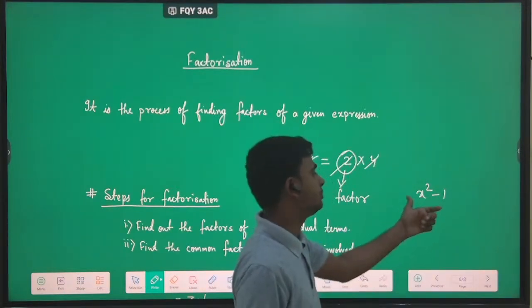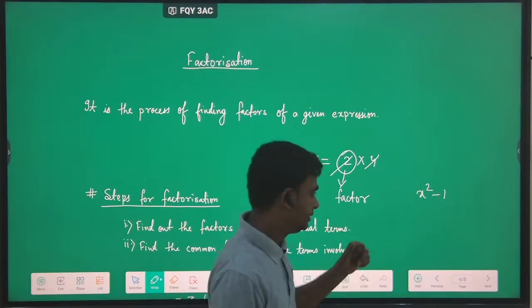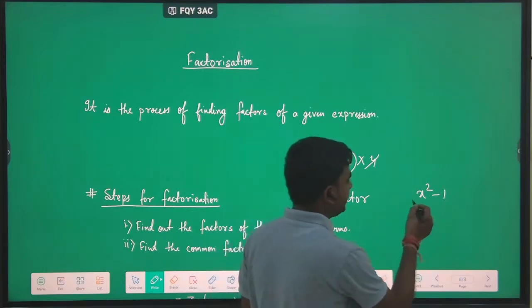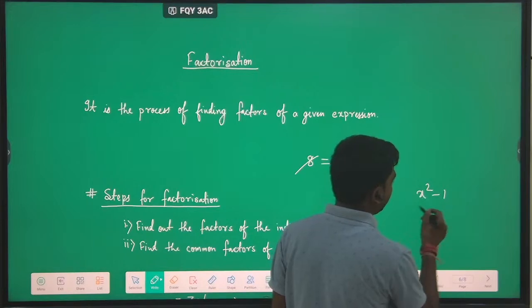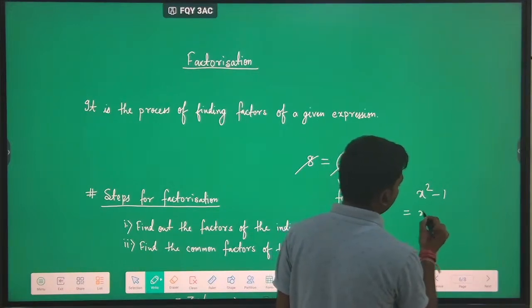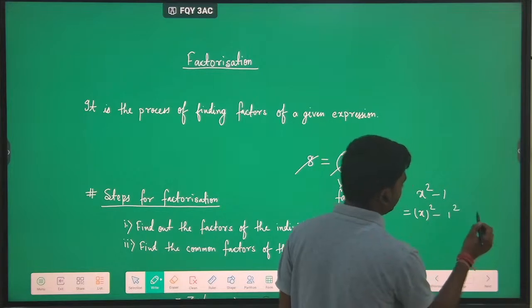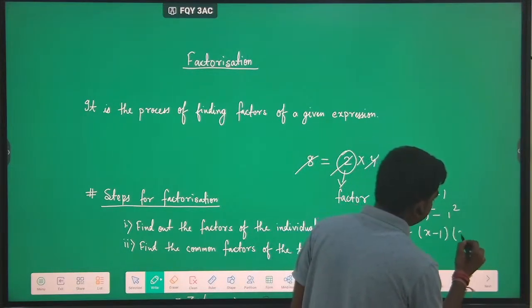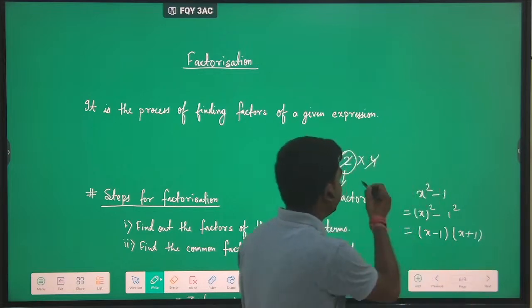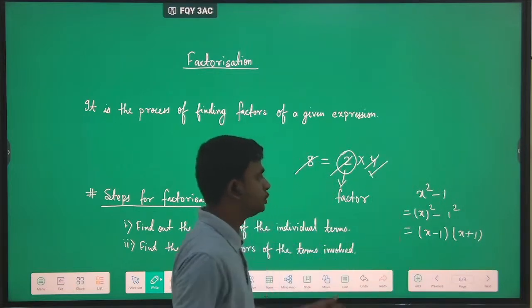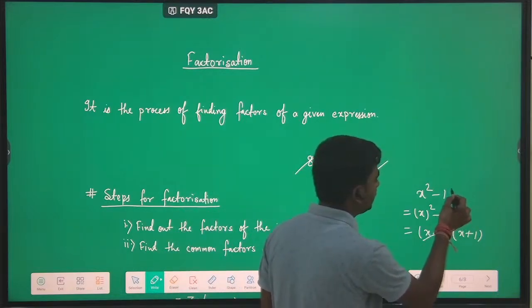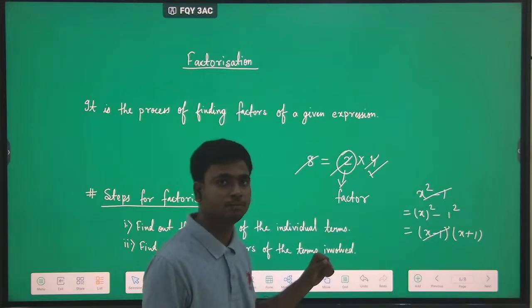We can write it as a square minus b square, so it can be written as x square minus 1 square. So it can be written as x minus 1 multiplied with x plus 1. In the same way, x minus 1 can completely divide x square minus 1.